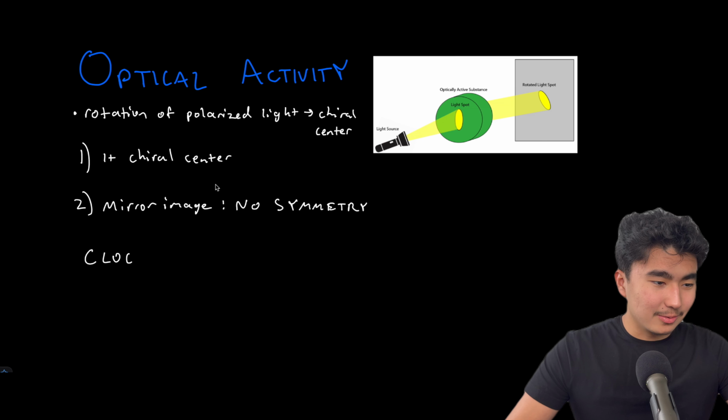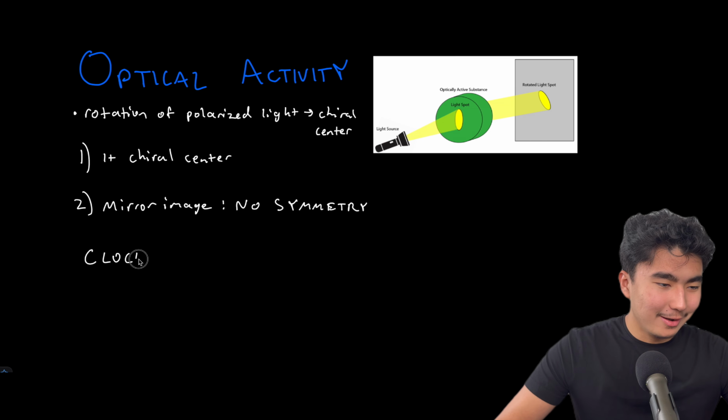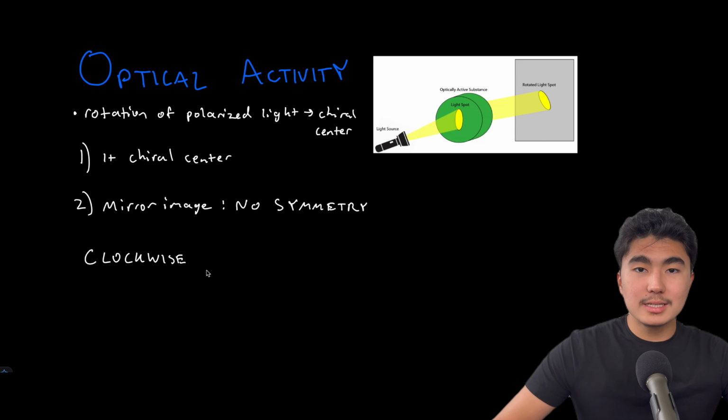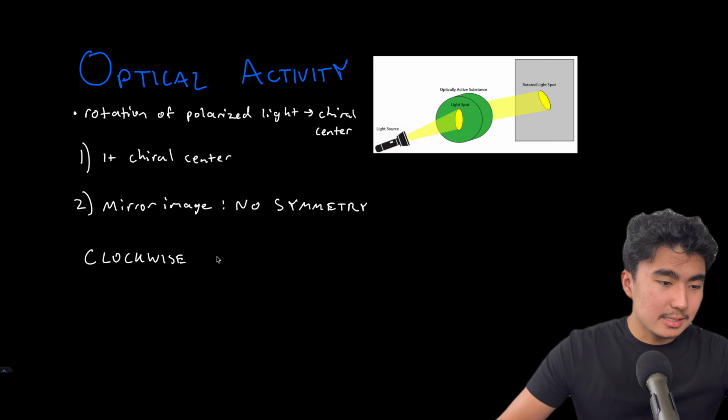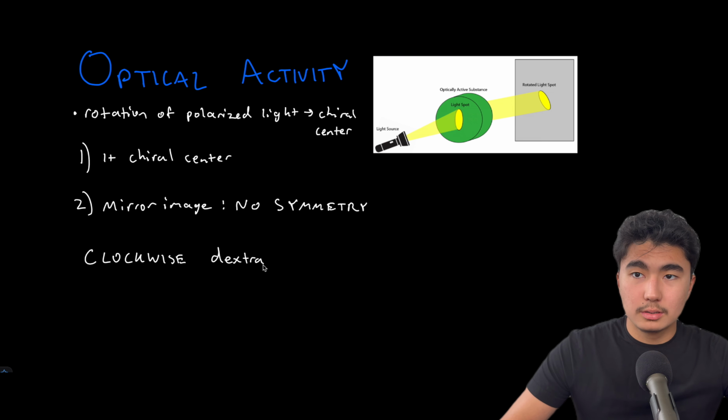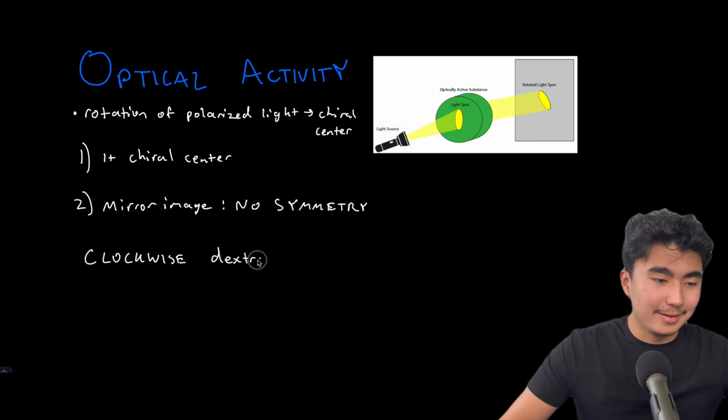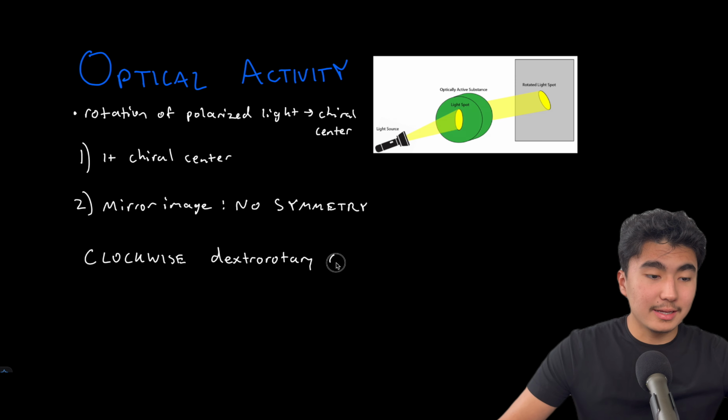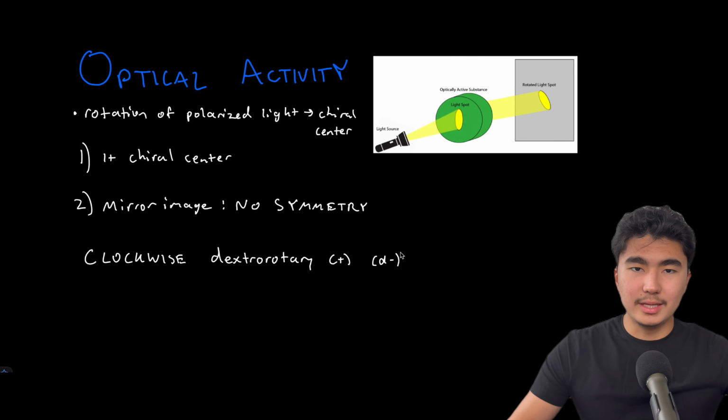see, my handwriting is terrible. Let me just try to put a little bit more effort into writing that better. So if we have clockwise, then this is going to be known as dextrorotary. Dextrorotary. And this is going to be symbolized by that plus sign most of the time, or maybe like D plus.